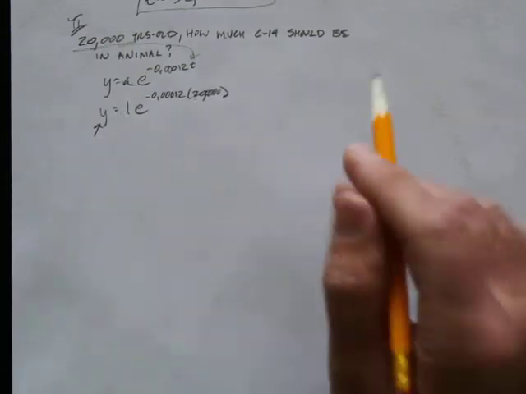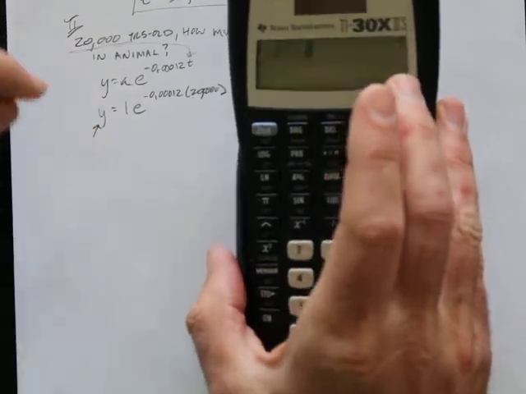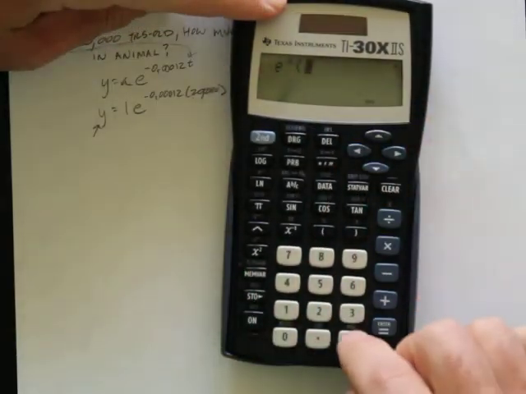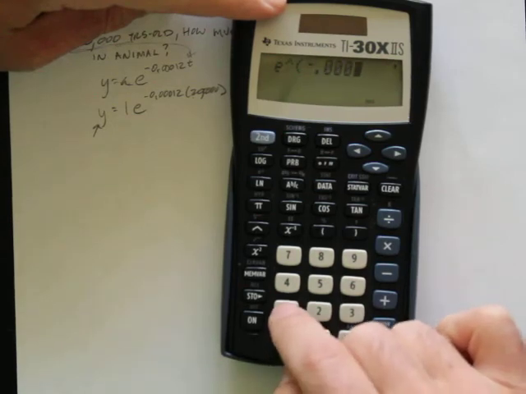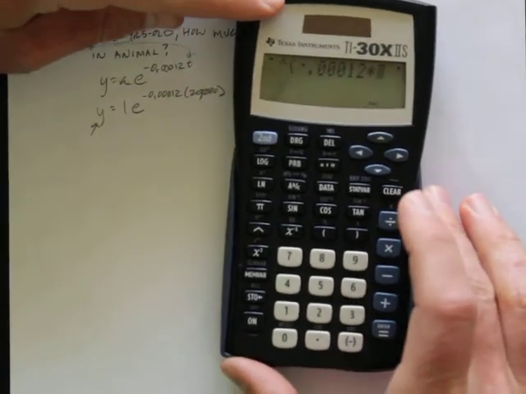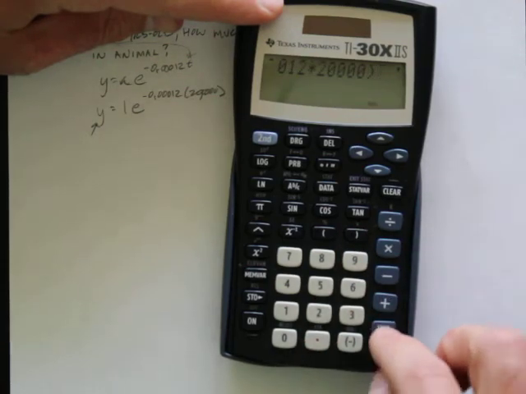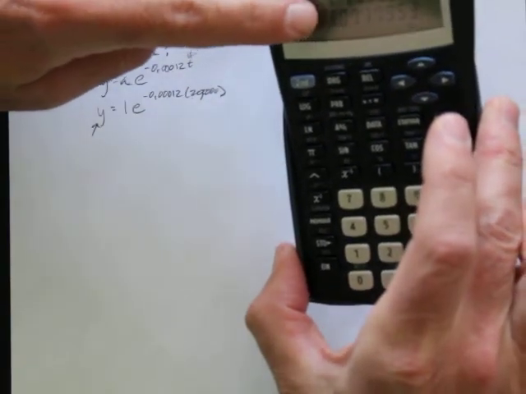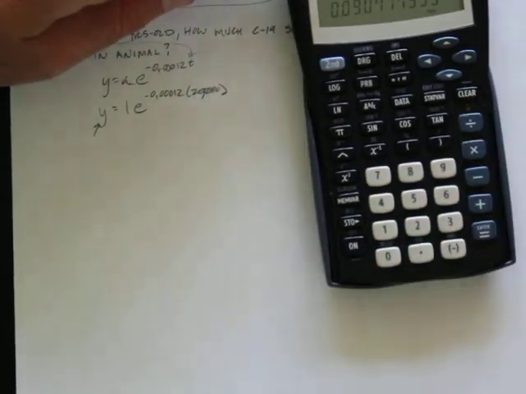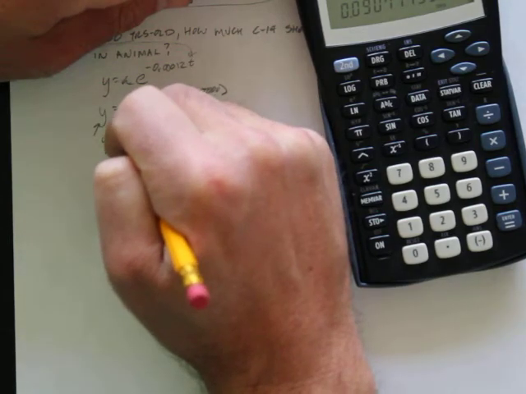Whew. So the 1 I can ignore. And now all I have to do is grab my calculator. I push second and this e button here, e to the negative 0.0012 times 20,000, close parentheses, enter, and I should have about 0.09, which is 9%.